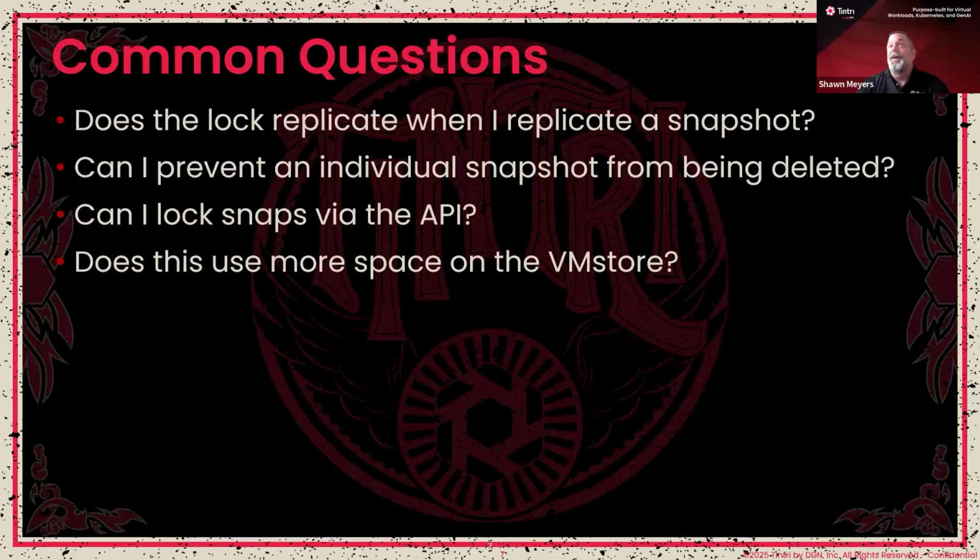Yeah, we've talked about that, and the answer, of course, on a manual snapshot is no, because there's no schedule for it. But yes, if you compromise the VMstore enough that you can adjust the clock, these snapshots will still expire, and you still can remove them that way. Interesting. We'll think about a way of flagging how far the clock can move from a SKU perspective, but we haven't implemented anything of that nature yet.